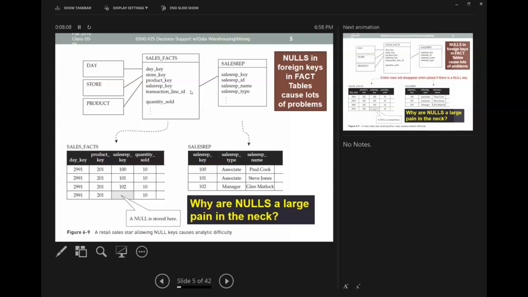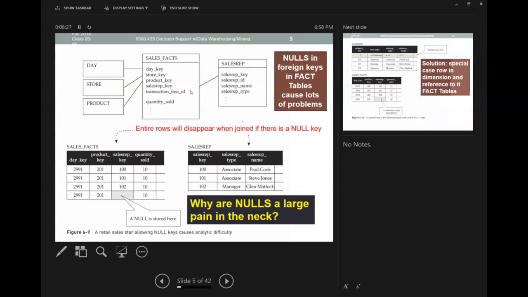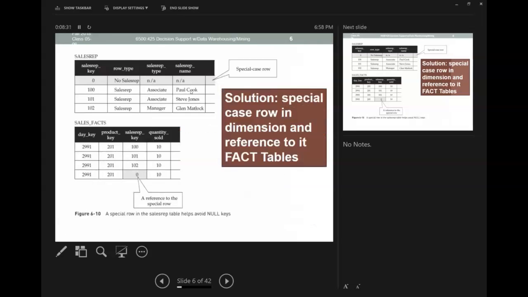be included. So that's the fundamental problem, and it is why in the fact table we don't want to have any nulls, period. No nulls whatsoever in the fact table for any of our foreign keys. Okay? So entire rows will disappear when joined if there's a null key.